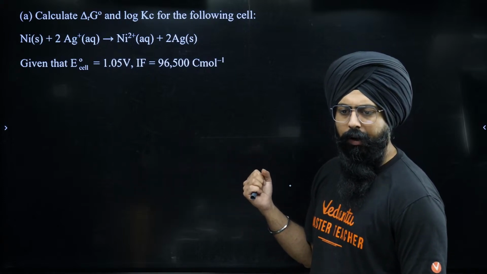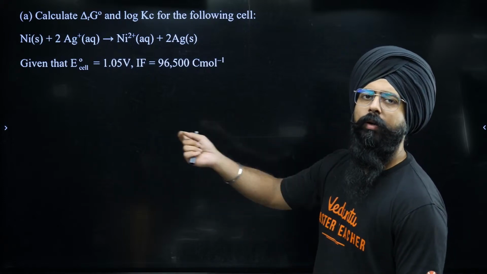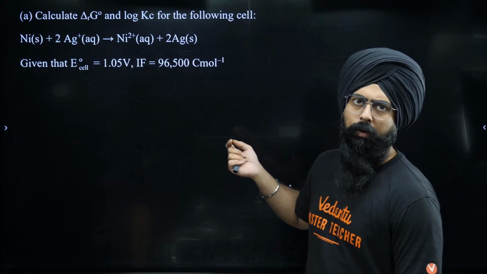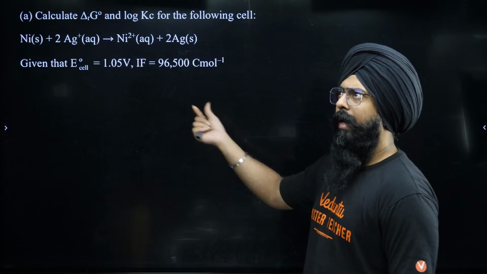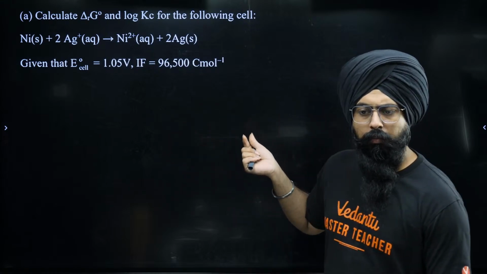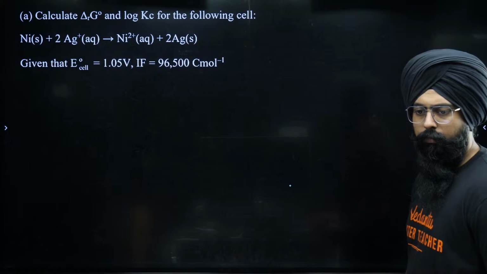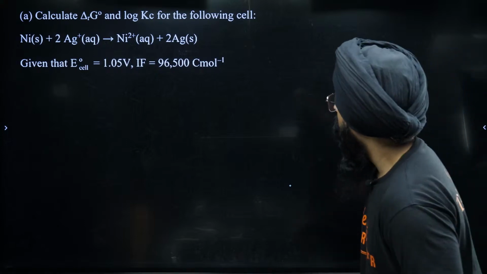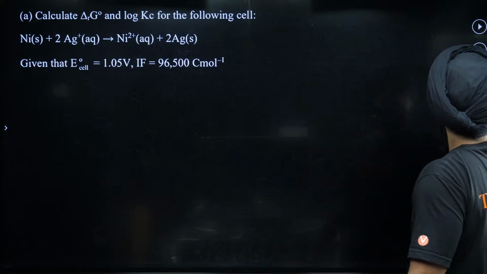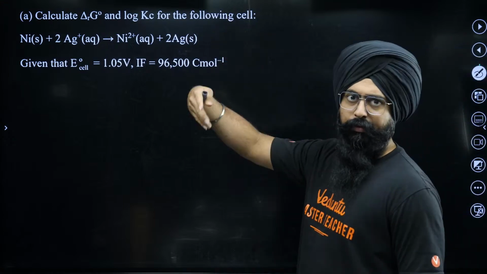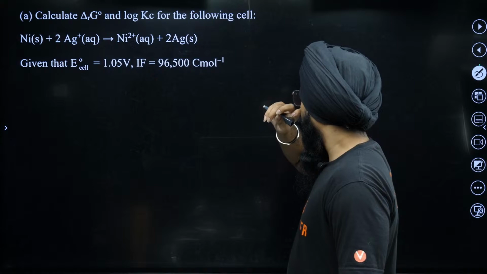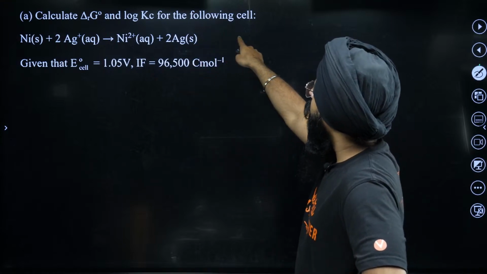Basically you do a reduction process. Reduction process basically means your H positive is going towards molecule H2. Alright. So for reduction potentials, you always write the reduction reaction. Anyway, if there's a different doubt, then please elaborate it a little better. Calculate the delta G and log Kc for the following reaction.